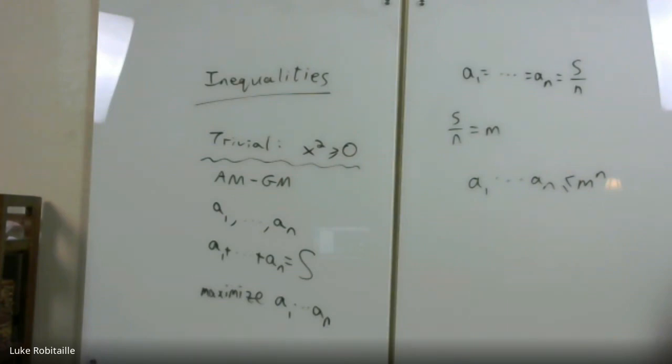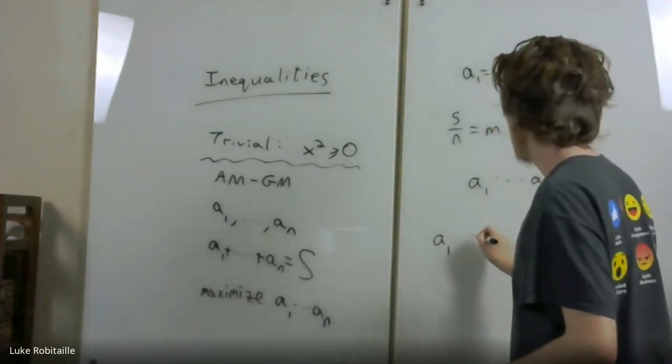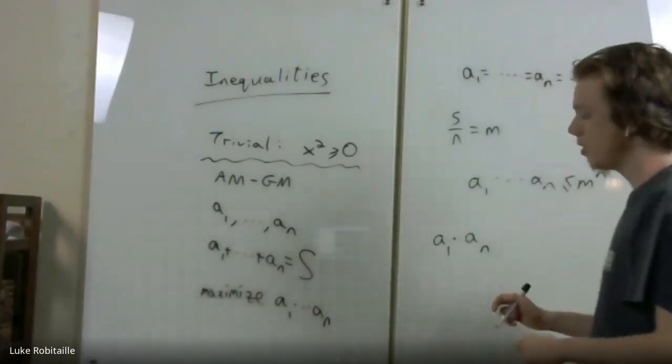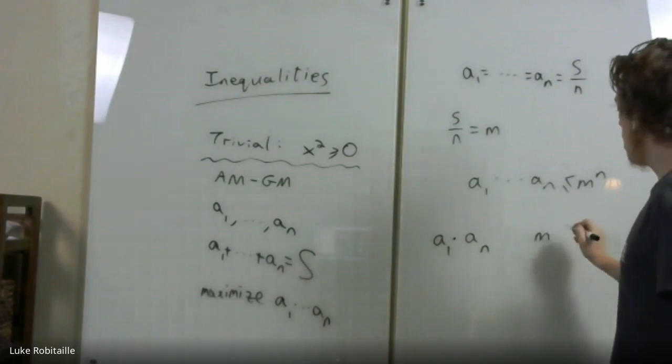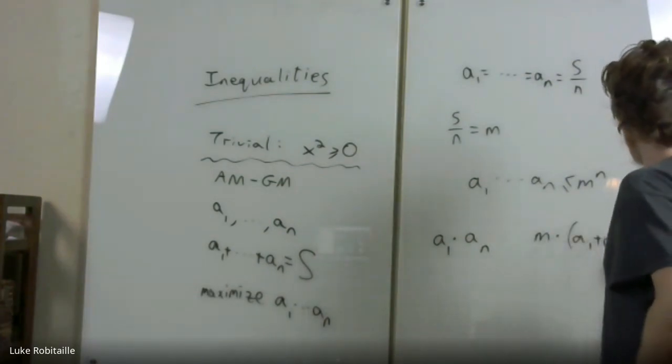To make it easier for the induction, it would be nice to replace one of them with M. So let's look at a1 times an, and think about replacing them with M and a1 plus an minus M.